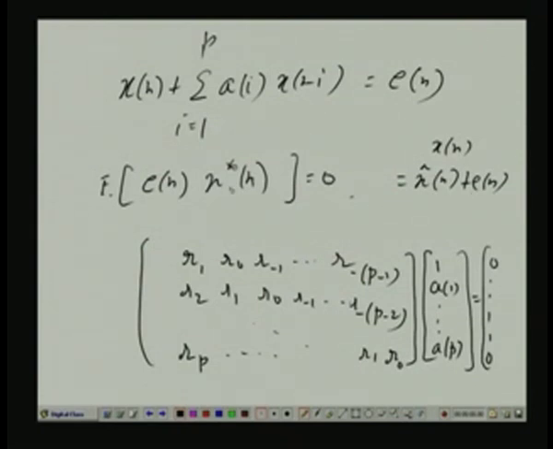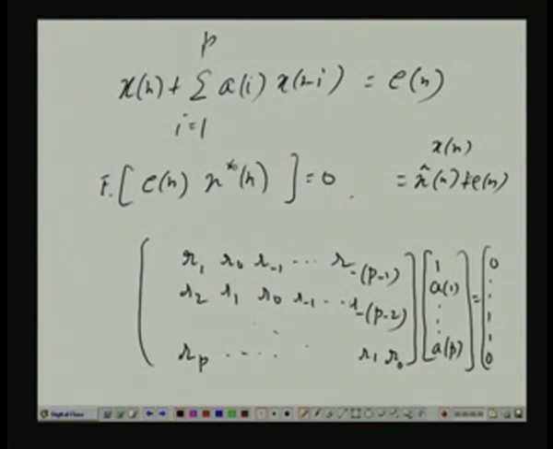If you put that back here, E n is orthogonal to x cap n, because x cap n consists of the past p samples x n minus 1 up to x n minus p, and E n is orthogonal to them. So, E n times that with a conjugate on this x cap n becomes 0 because they are orthogonal, therefore uncorrelated. So, what you are left with is E of E n into E star n, that is E of mod E n square, which is the variance of E n.